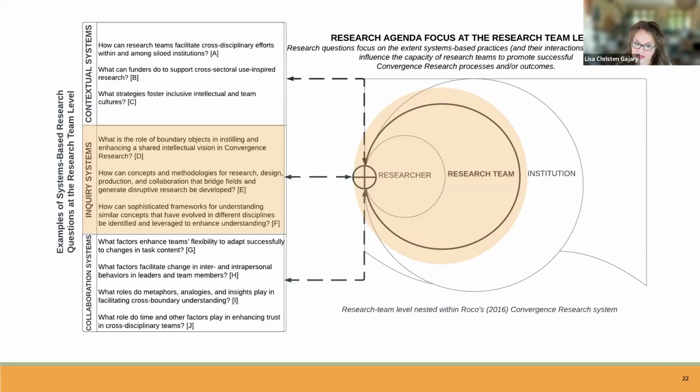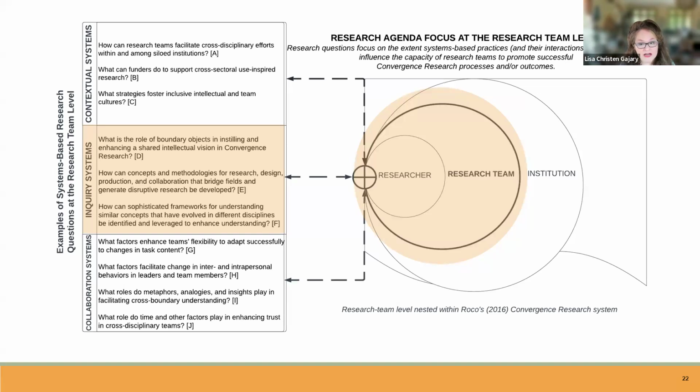Thinking about that level of analysis, at the research team and team science level, how can cross-disciplinary spaces be created to embrace multiple points of view, multiple ways of knowing, multiple practices and sources of information, and how are those embedded within institutions, and how do those institutions and researchers engage with that and facilitate the development of those spaces?